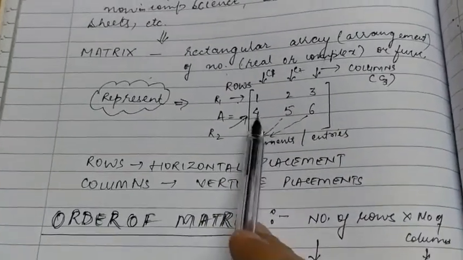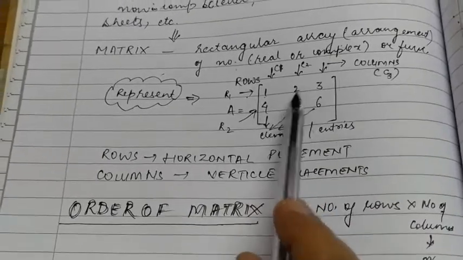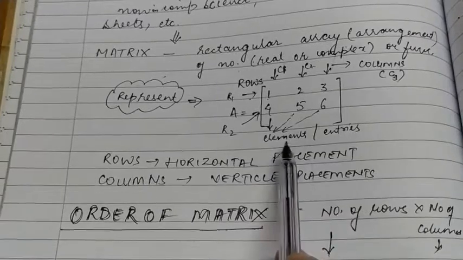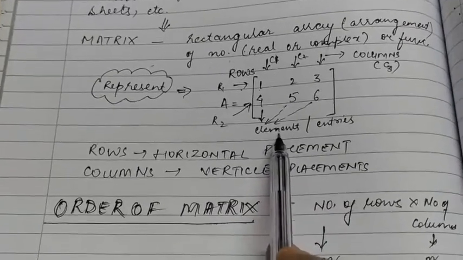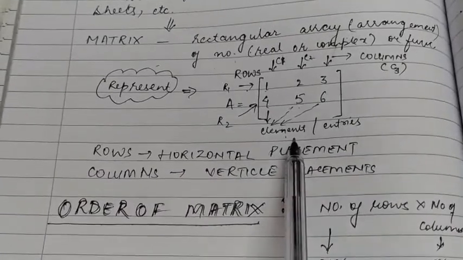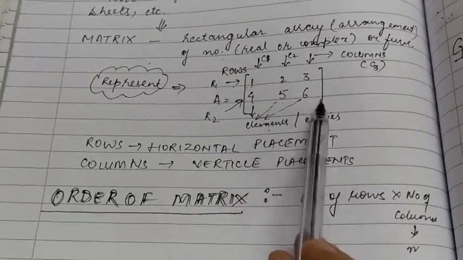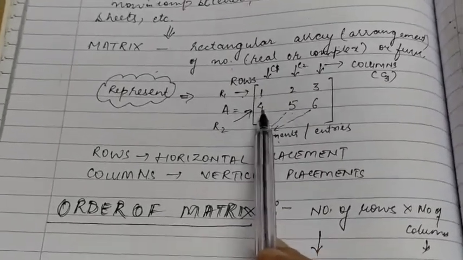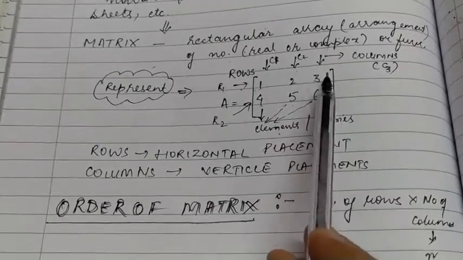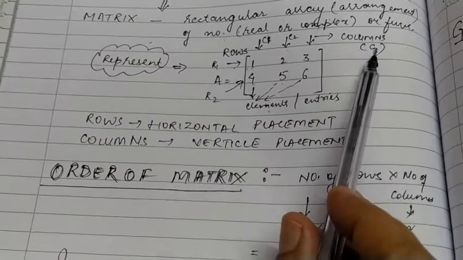So these numbers that I have written here, 1, 2, 3, which are forming this matrix, are called elements or entries, but generally we use the name elements. So 1, 2, 3, 4, 5, 6 are all elements, and 1, 2, 3 is row 1, and 4, 5, 6 is row 2. 1, 4 makes column 1, 2, 5 makes column 2, and 3, 6 makes column 3.